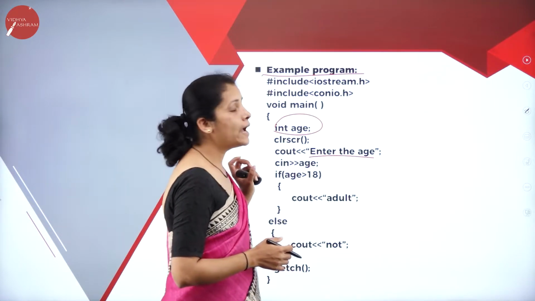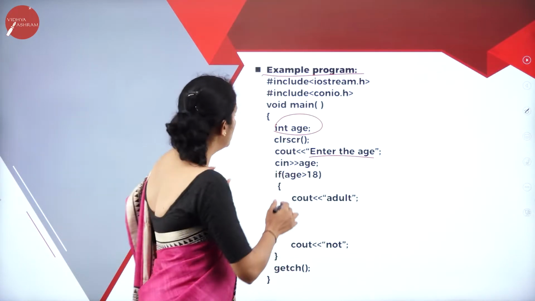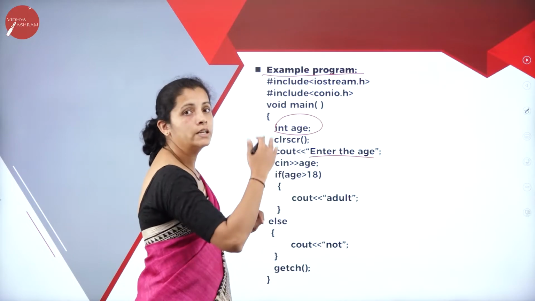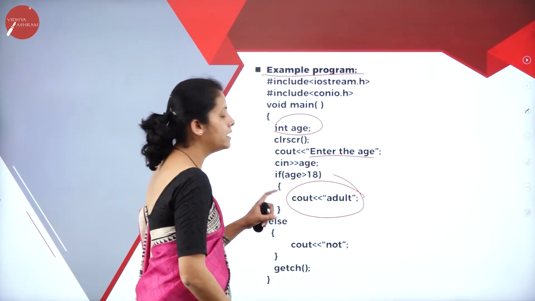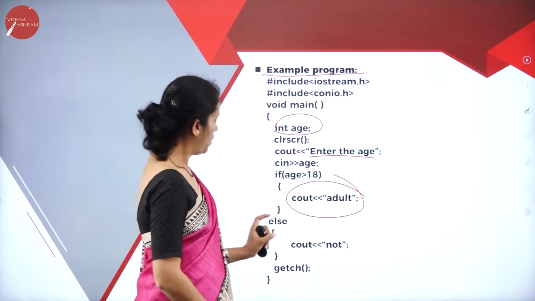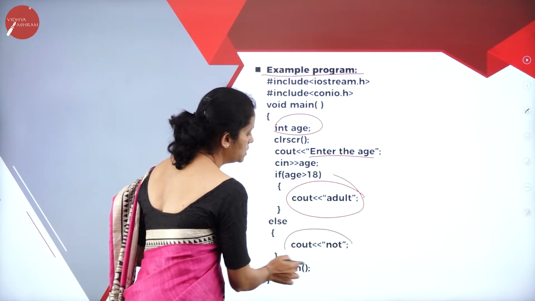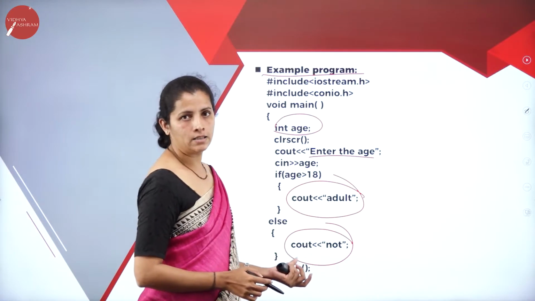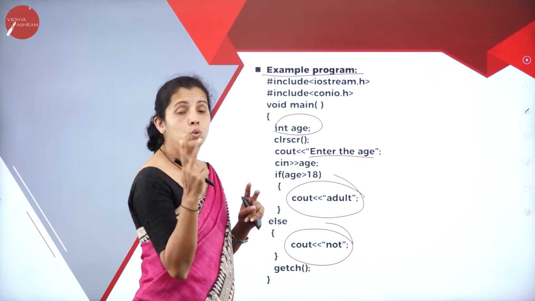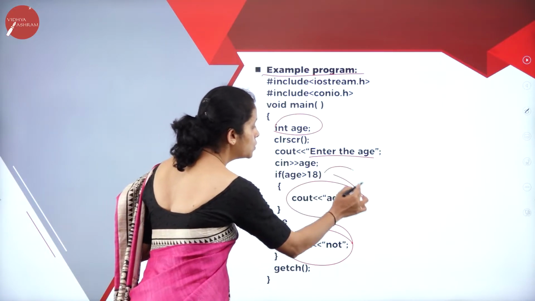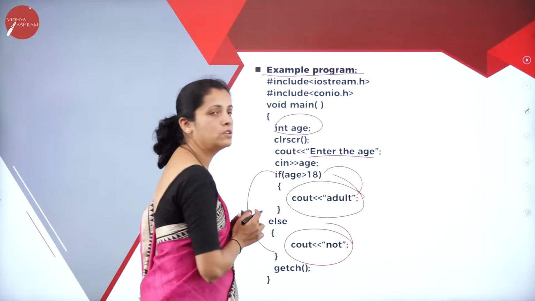Now, whatever the age read, if that is greater than 18, then I want to display it is adult. Or I want to display it is not adult. So one condition, but I'm having two situations, two answers: a true answer or a false answer.